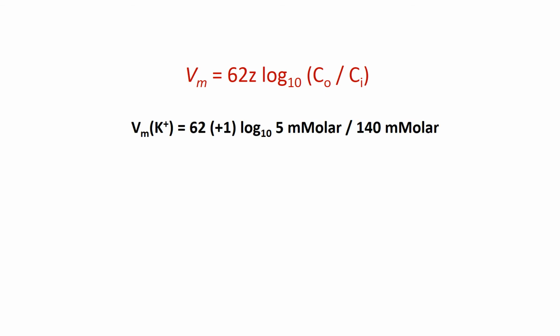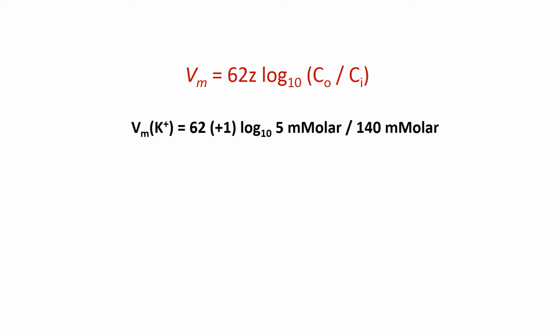The voltage across the membrane for potassium is 62 times the charge of potassium, positive 1, times the log base 10 of the concentrations given in the previous table. 5 millimolar outside of the cell, 150 millimolar potassium inside of the cell.